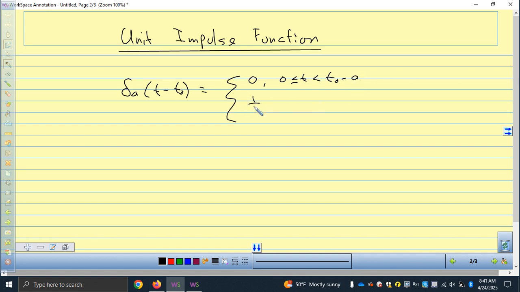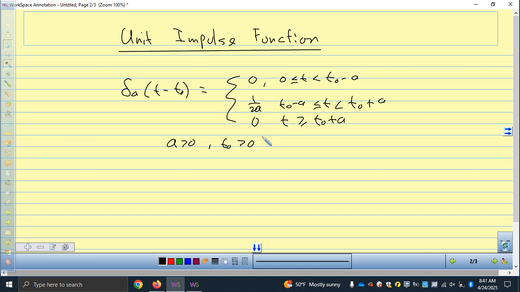It's 1 over 2a between t0 minus a and t0 plus a, and then 0 again. And a is greater than 0, and t0 is greater than 0.